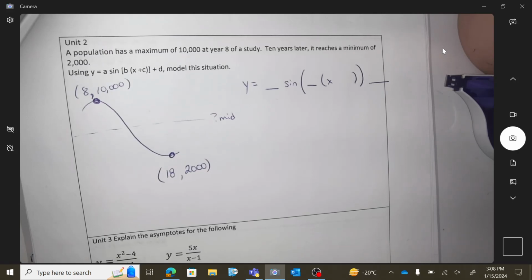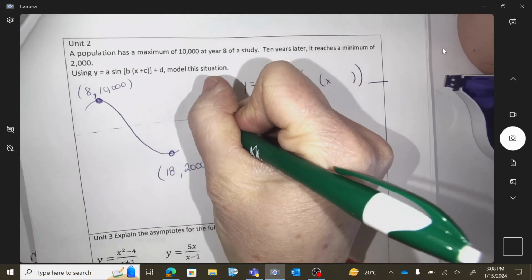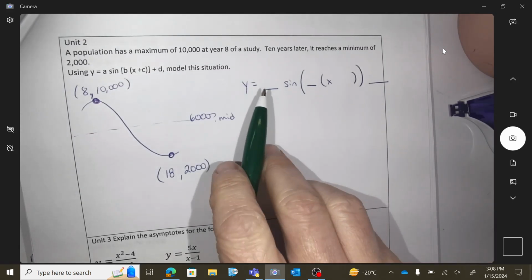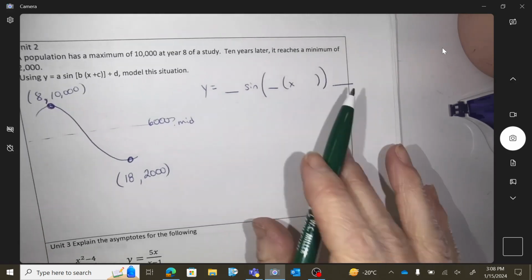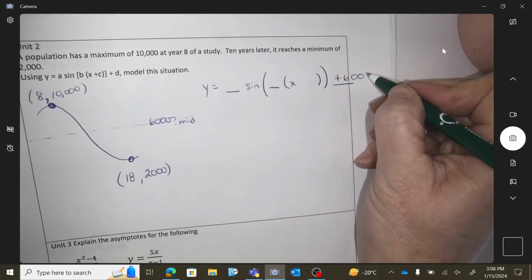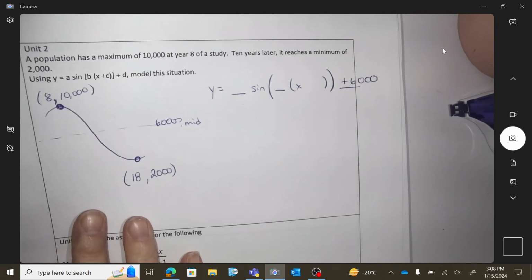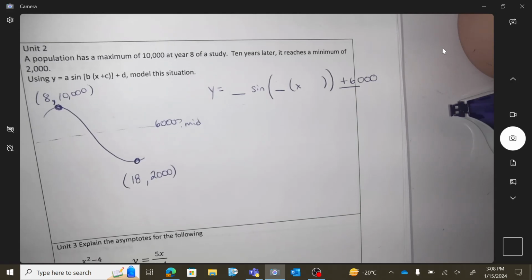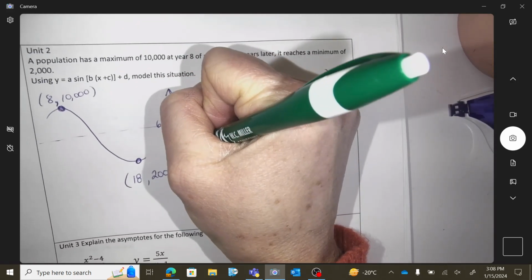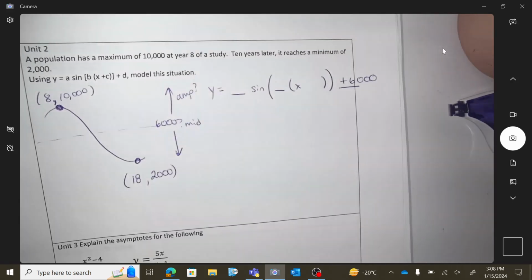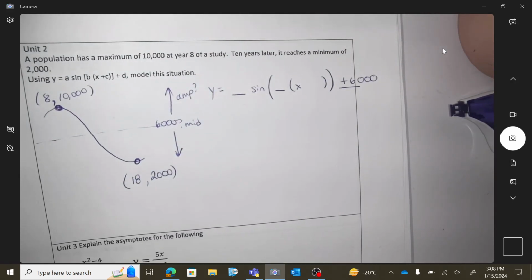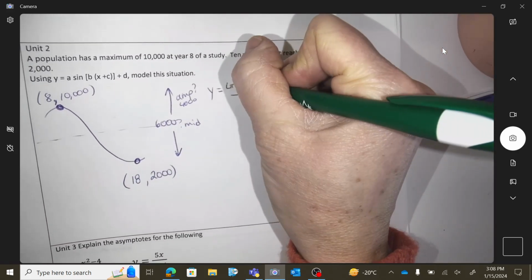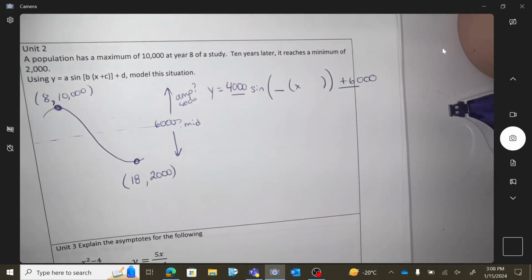So what's smack dab in the middle of that? 6,000. So where does it go in the letters? Which does it affect? The D. That's a shift up. The middle of the graph has now shifted up there. Next, I'm going to ask myself about the amplitude. How much am I going above and below? 4,000. So that is this stretch off of the line.